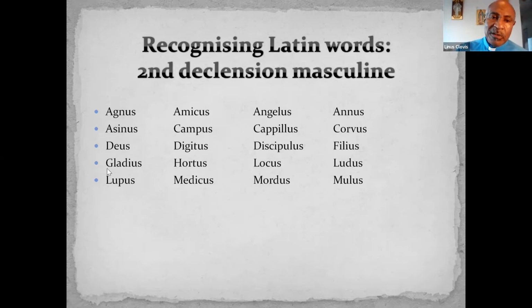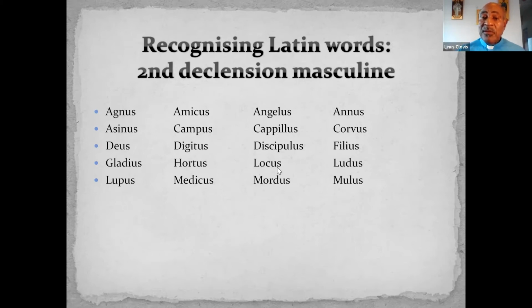Here is someone who's good at gardening, a horticulturist. We have gladius, from which we get gladiola, because it's a sword, sword-shaped. And hortus, hortus is horticulture, so it's a garden.